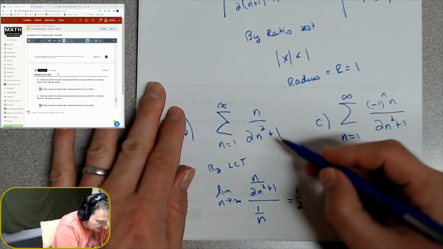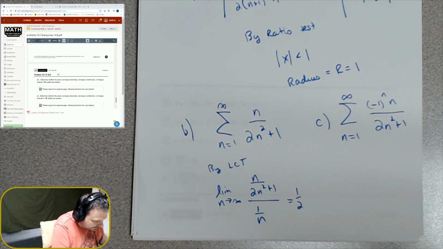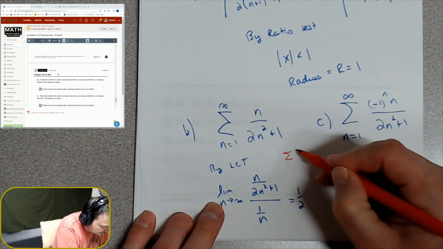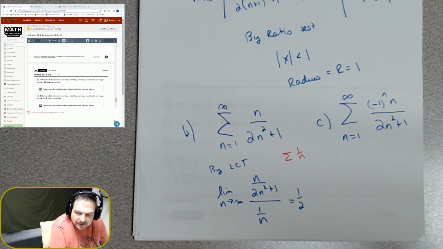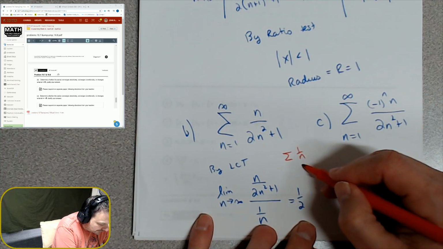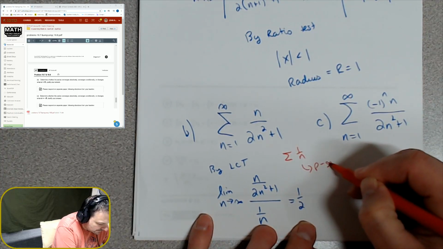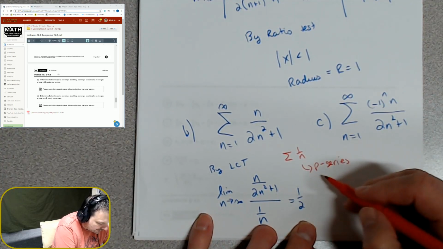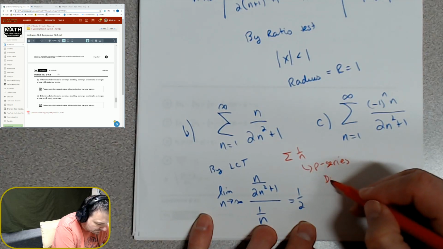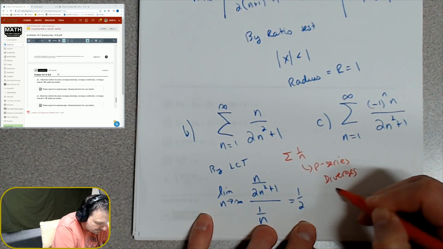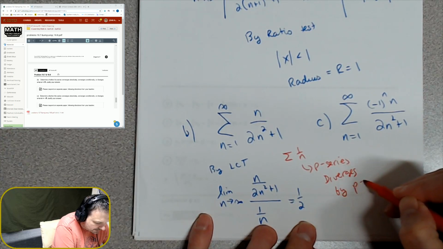What do we know about the one we picked, 1 over n? Okay, 1 over n is a p-series, and this one diverges by p equaling 1.